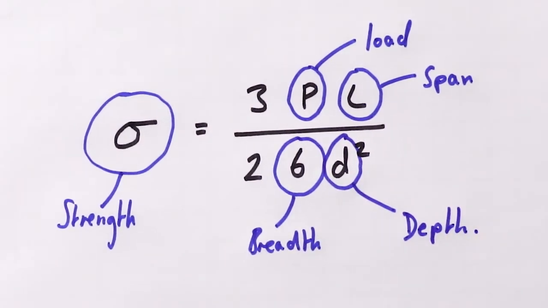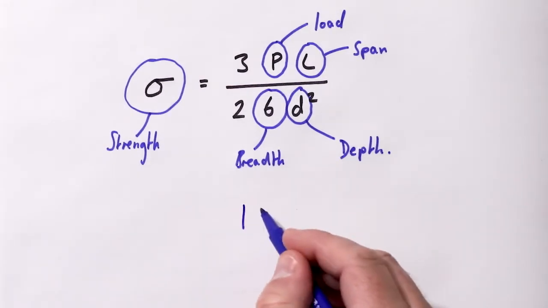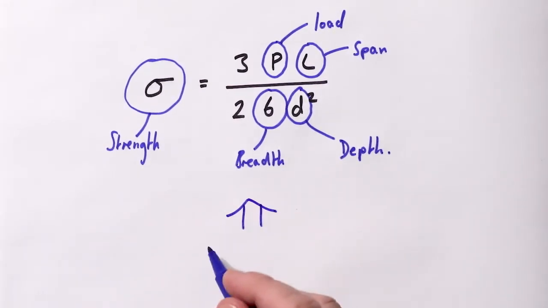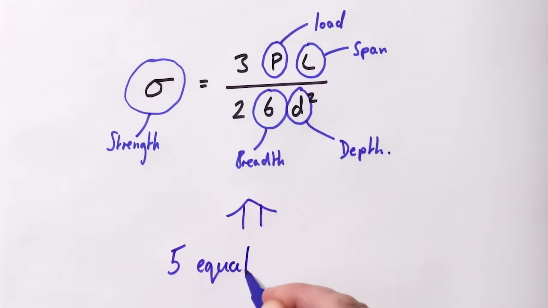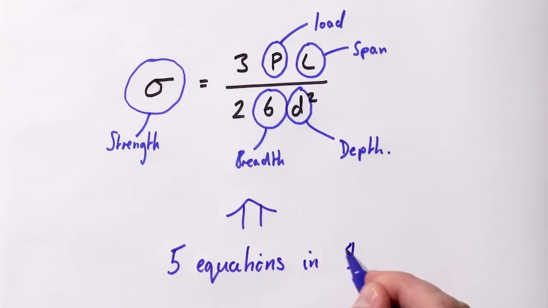If you know how to manipulate that equation, you can work out the equations for load, for span, for depth, for breadth, as well as strength. So if you know how to rearrange a formula, what this gives you is 5 equations in 1.